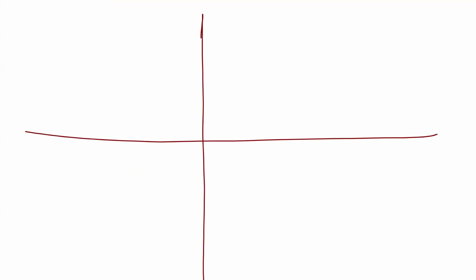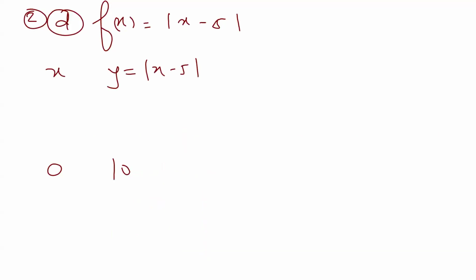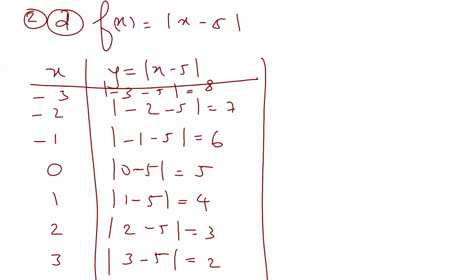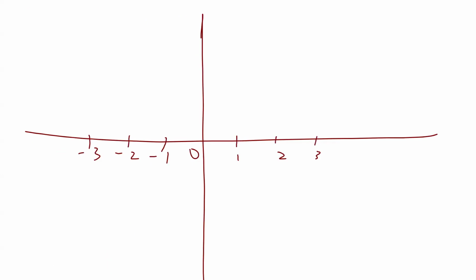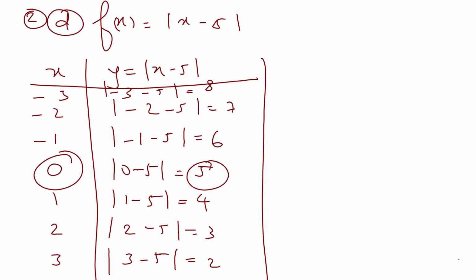So let's make a graph of it. So this is 0, 1, 2, 3, minus 1, minus 2, minus 3. When x is equal to 0, it is 5.